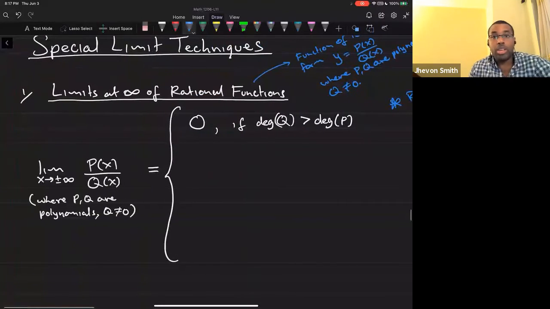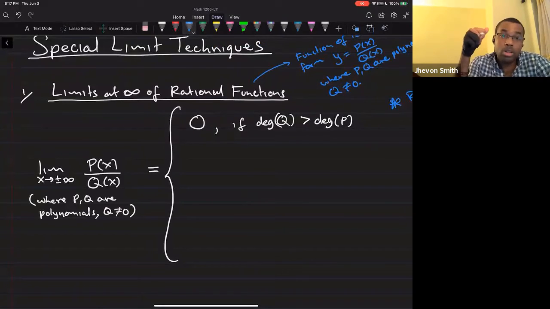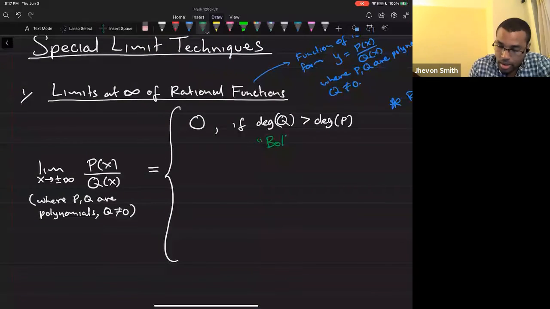So you're pretty much going to look at the highest powers of x, essentially. And if the highest power of x in the denominator is larger than the highest power of x in the numerator, the answer will be 0. It'll always be 0. And this you can say is bottom heavy.